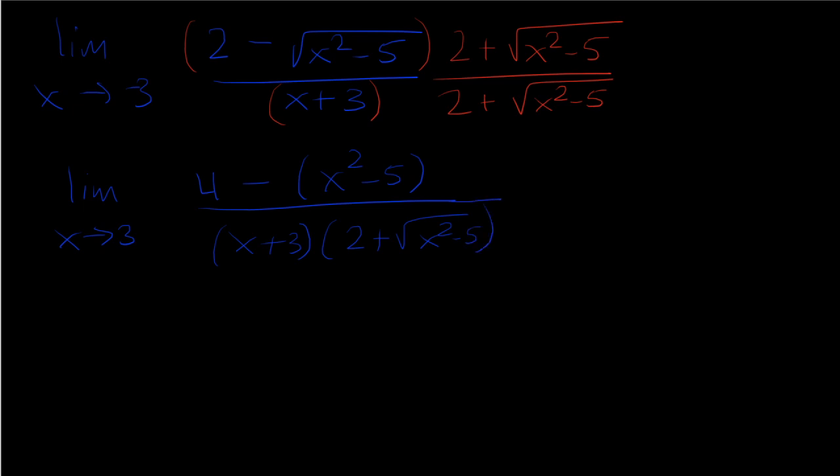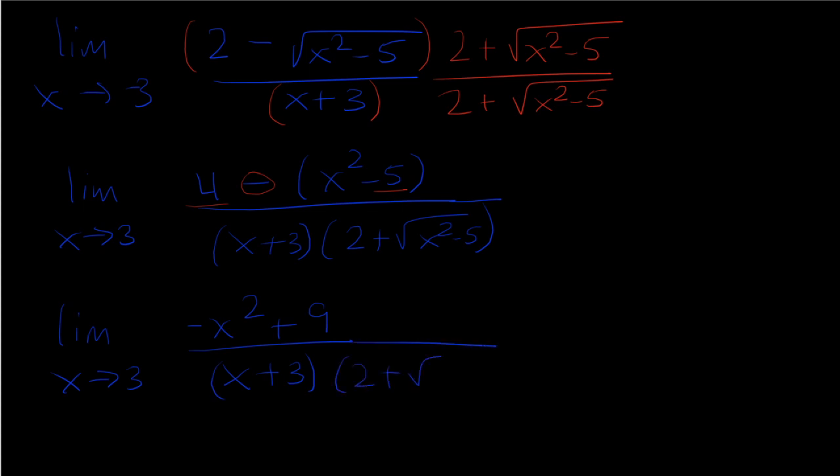At the top I have 4 minus negative 5, so 4 minus negative 5. That's going to give me a positive 9. So it's the limit as x approaches 3, and I'm just going to rewrite it as x squared plus 9. No, I'm sorry, that's not right. It's negative x squared plus 9, and that's over x plus 3 times 2 plus the square root of x squared minus 5.